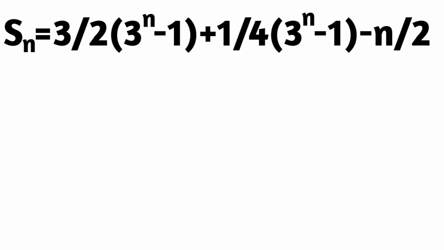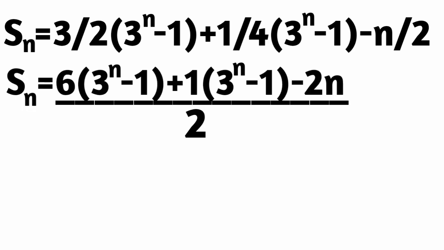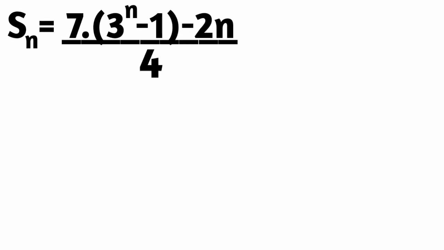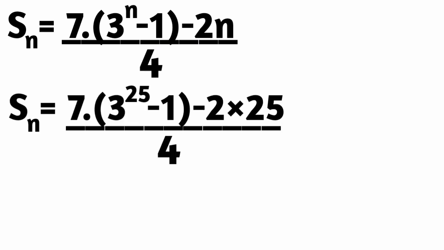Now by adding all these three values and simplifying, we get the value of Sn, which is equal to (7 × 3^n - 1 - 2n)/4. This is the general formula for the sum of this series, that means (7 × 3^n - 1 - 2n)/4.